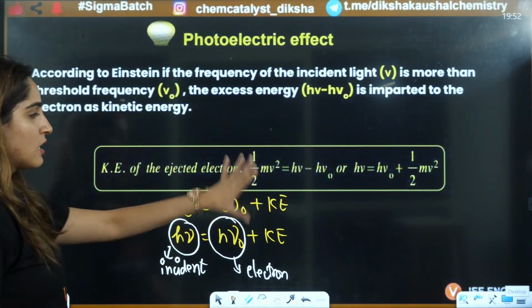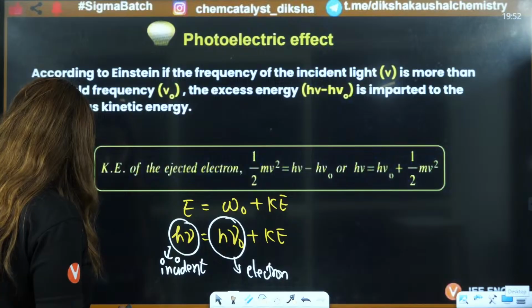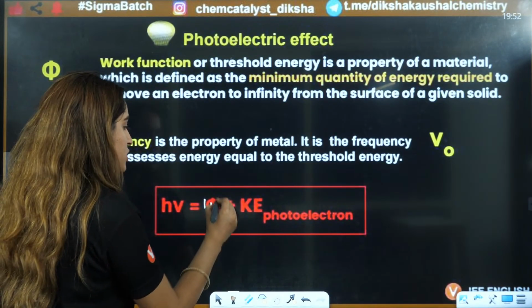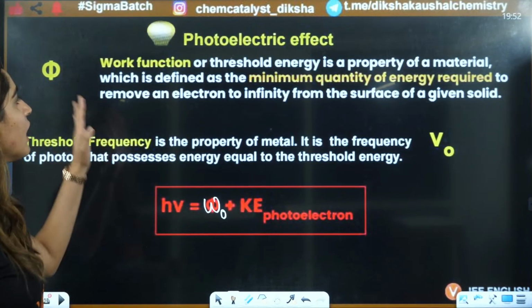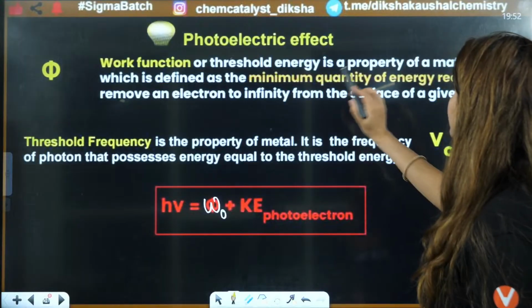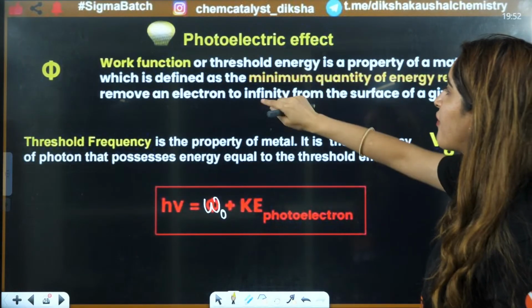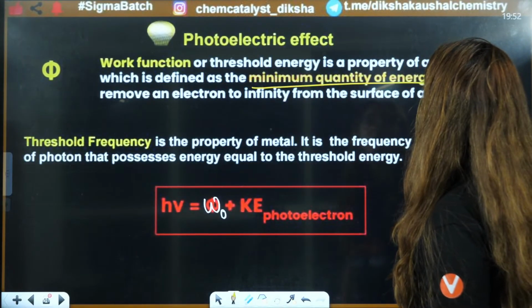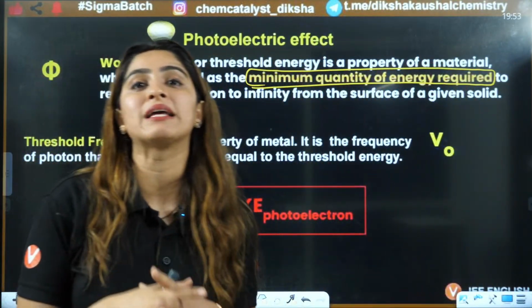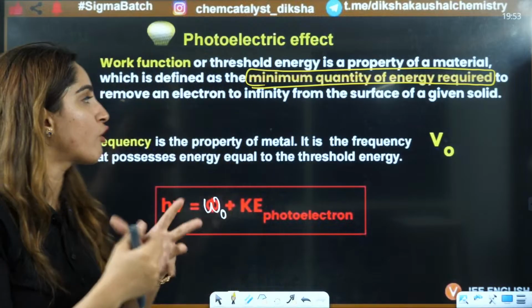So this is clear to everybody, right? That it depends upon your work function, which I'll write as W naught. W naught is the work function or threshold energy, a property of the material, defined as the minimum quantity of energy required, right? Minimum energy required by the electron to get ejected out of the metal.